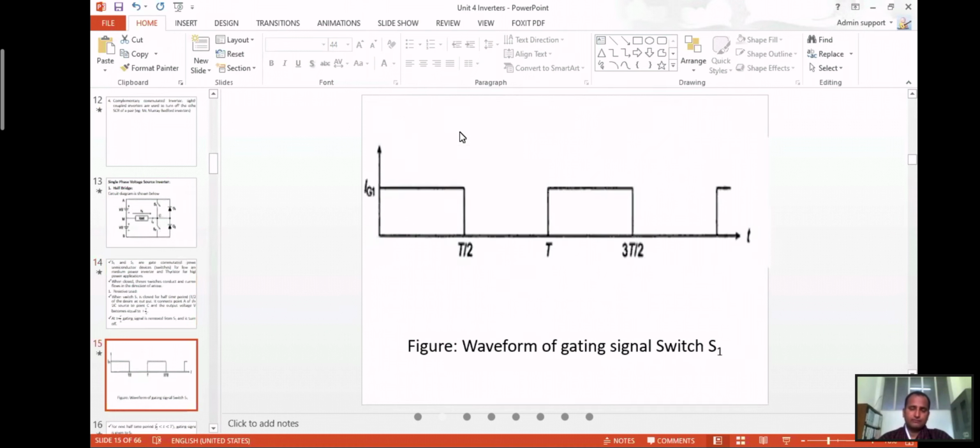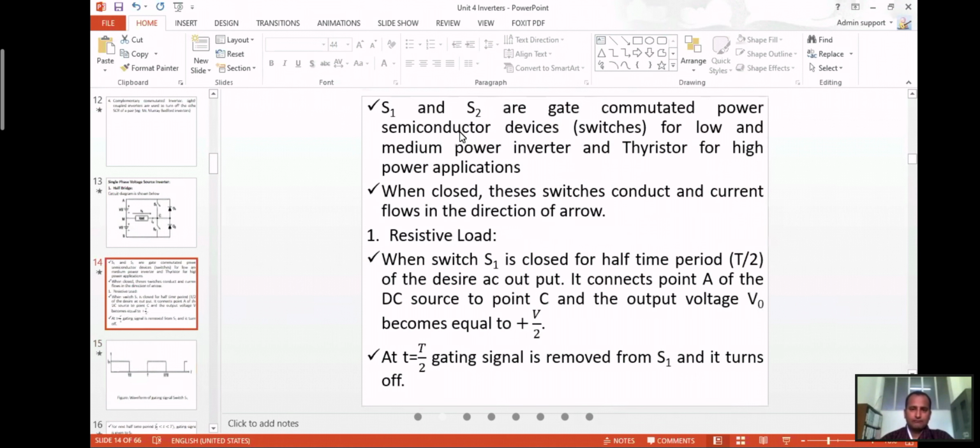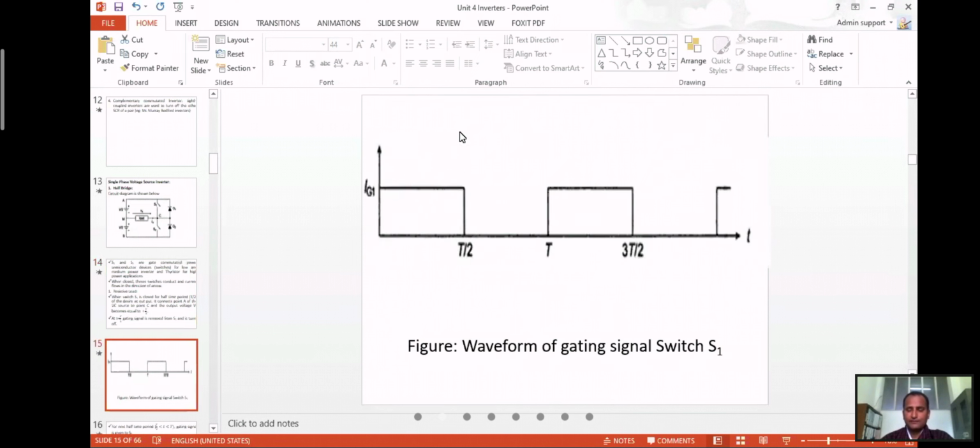So based on the triggering of switches S1 and S2, whether it is a low power or medium power inverter, or for higher power applications where thyristors can be used, it depends on the triggering of the SCR, meaning at what angle you are going to fire it.